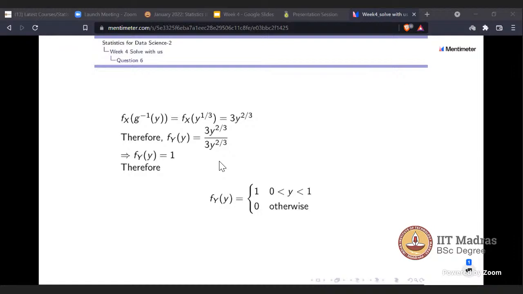So fy of y is coming out to be 1, and the range is 0 to 1. Fy of y with respect to dy, we have to integrate? Why do you have to integrate? I have asked you to find the PDF of y. Okay, this is the PDF function. Directly we can put the value of y.